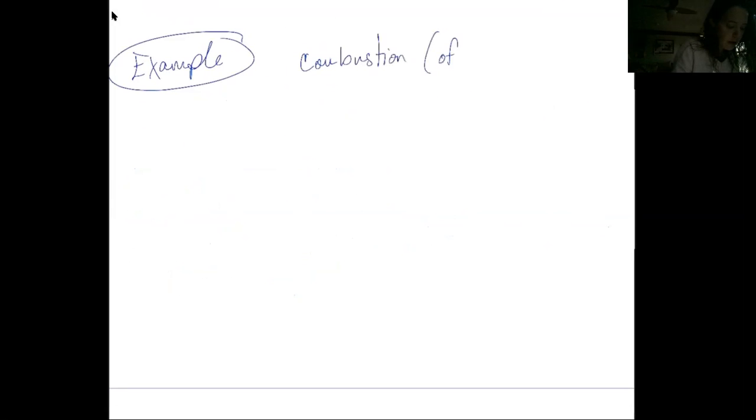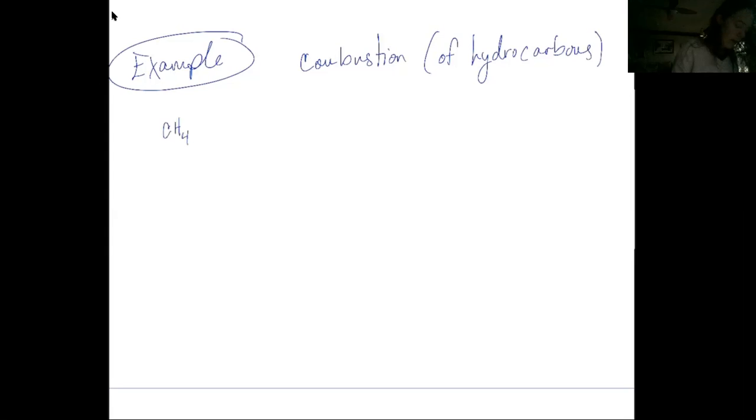All right. Last one, last example is going to be much easier. And this will be combustion, particularly of hydrocarbons. All right. So what's a hydrocarbon?